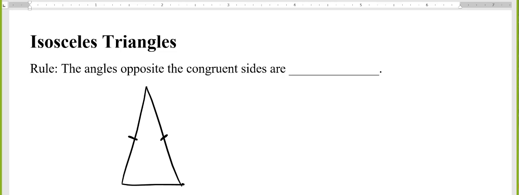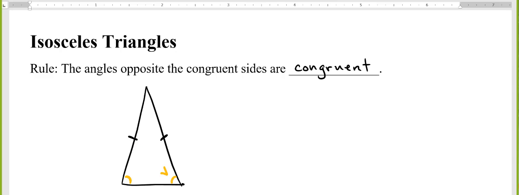And the new thing that you learned today was that the angles opposite the congruent sides are also congruent. The angle opposite, right here, is congruent to this angle.